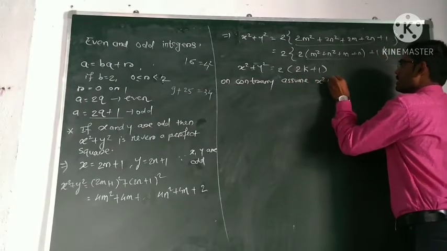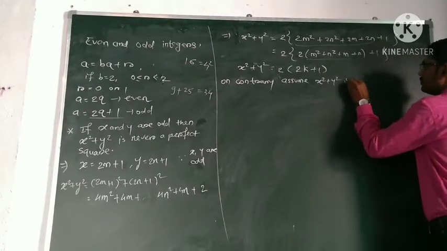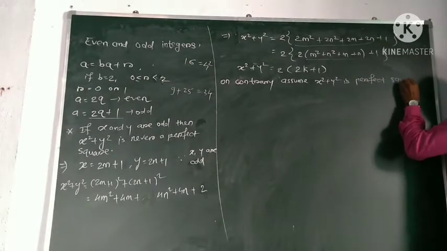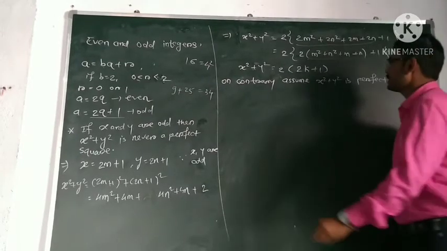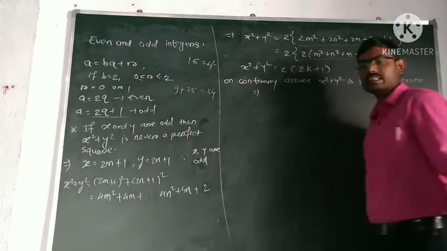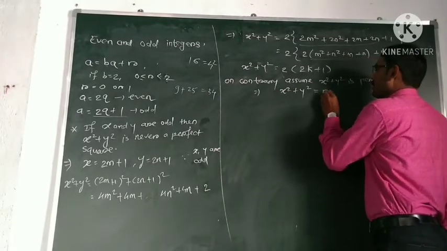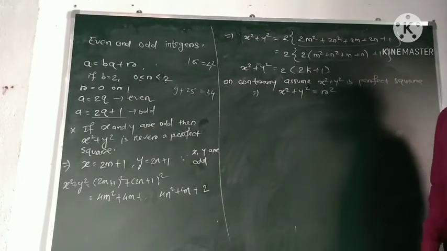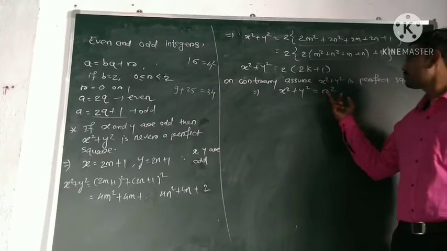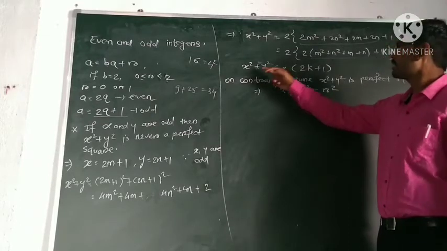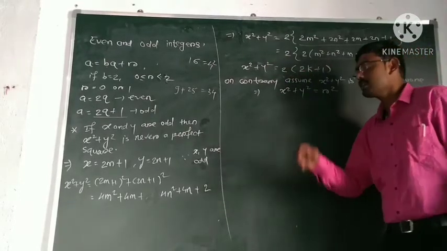x square plus y square is a perfect square. This means there is some integer r such that x square plus y square is equal to r square. Now x square plus y square is equal to r square, and x square plus y square is equal to 2 times (2k plus 1).